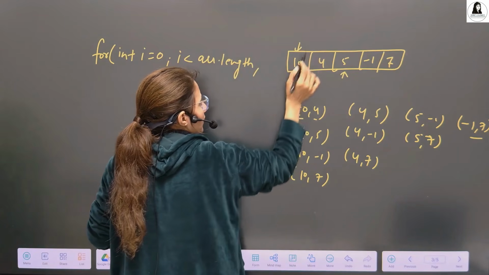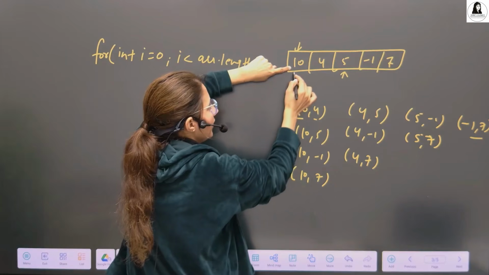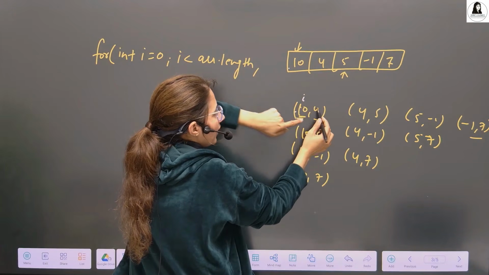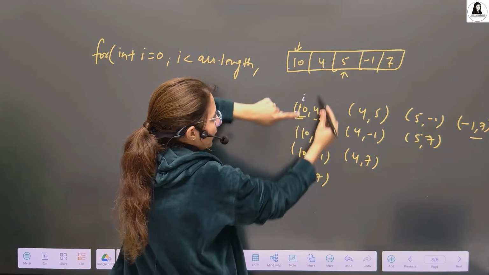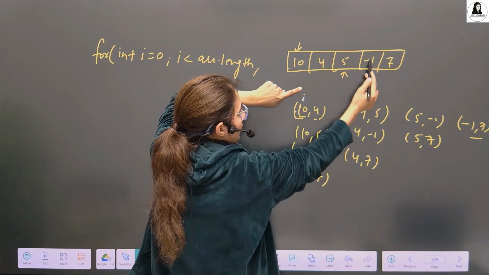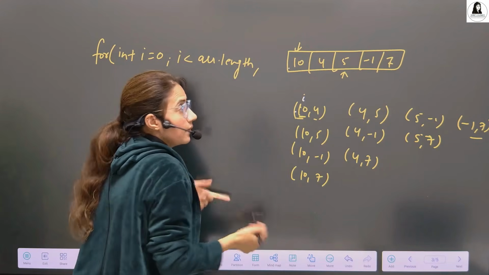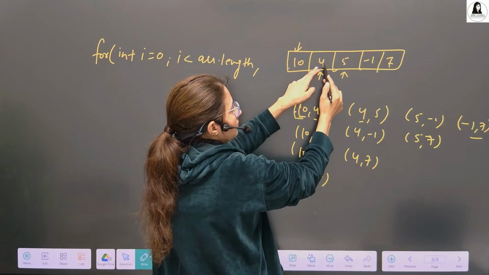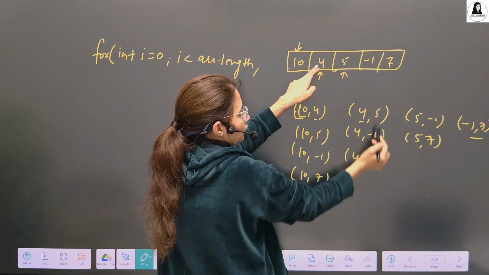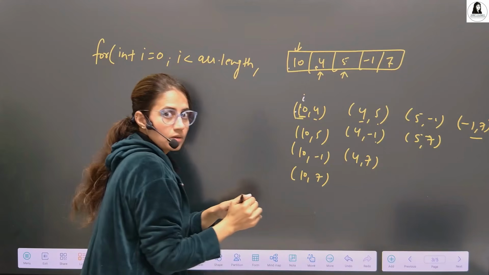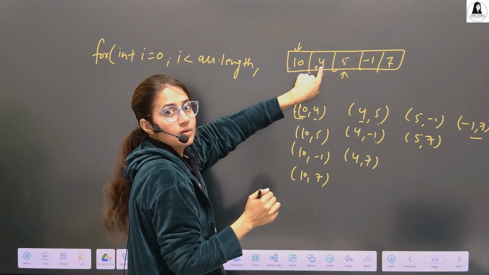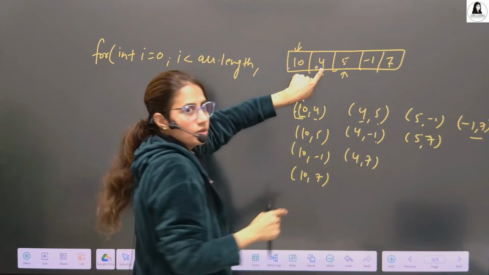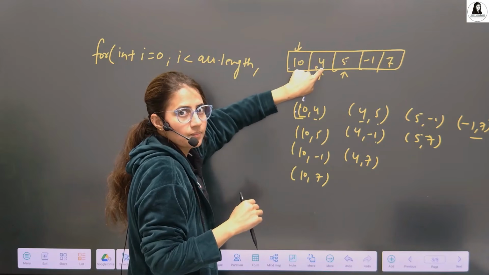First we'll find out pairs with 10. So we fix this 10, suppose this is I, and we change this. See, 10 is fixed and we change this. First 4, then 5, then minus 1, then 7. Then we fix second element 4 and we start from the next element: 5, minus 1, 7. For each element, we fix one element and again check with all the remaining elements.